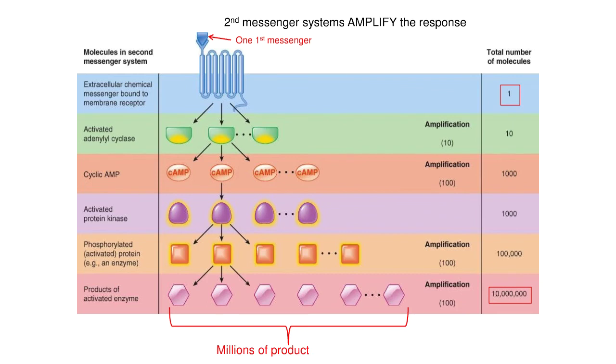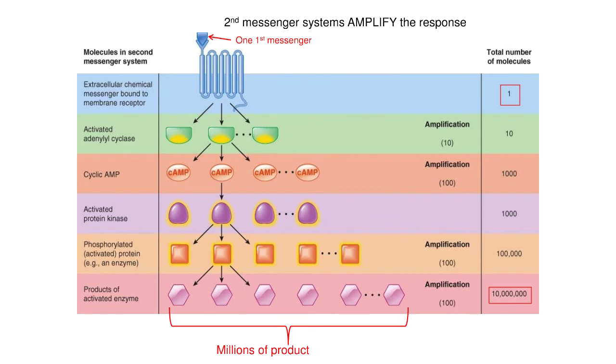Each one of those cyclic AMPs can activate several protein kinases. Each one of those can phosphorylate another protein. And each one of those can activate another protein.